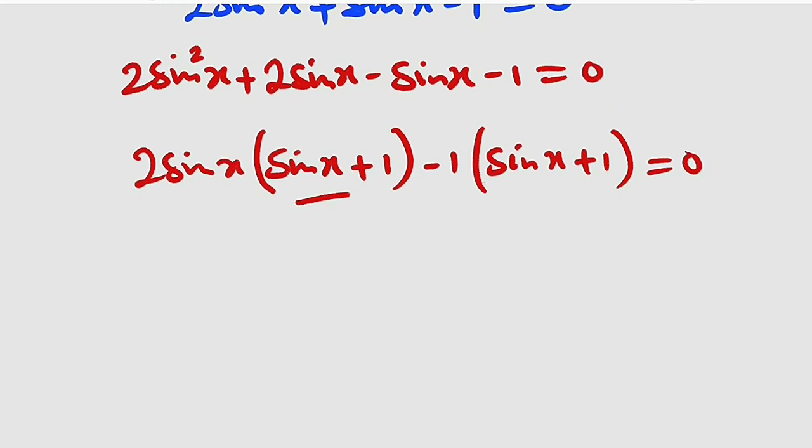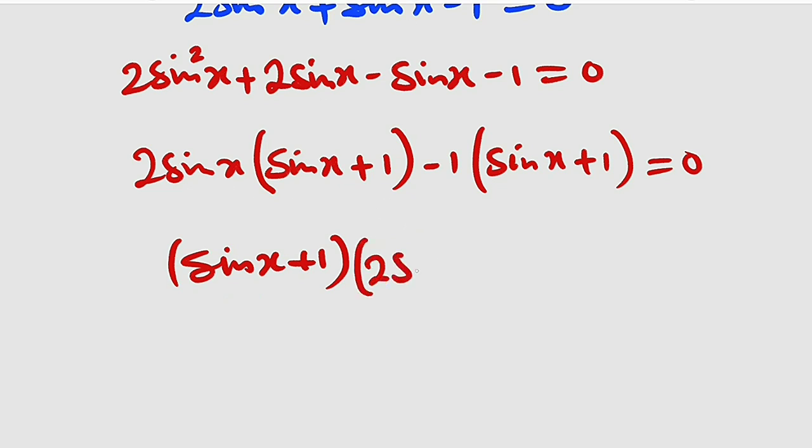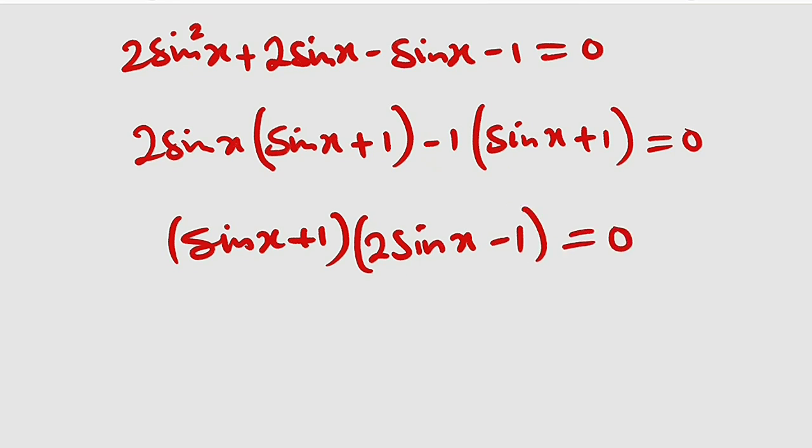We have sine x plus 1 in common, so we factor it out: sine x plus 1. From the first term, this is what we have left, 2 sine x. From the second term we have minus 1 left. All of this equal to 0.